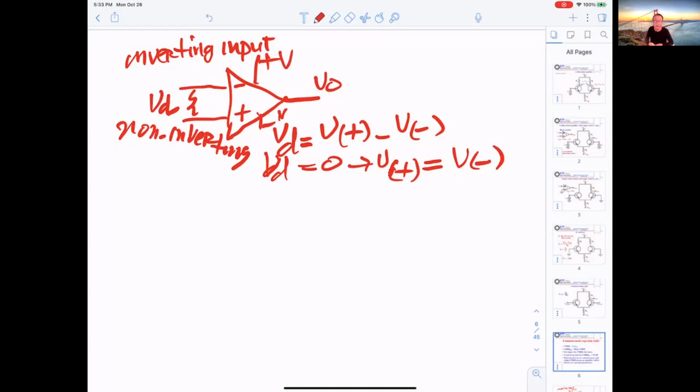So if you're using plus 15 volt, then the negative will be minus 15 volt, or if you're using plus 12, the other one will be minus 12.